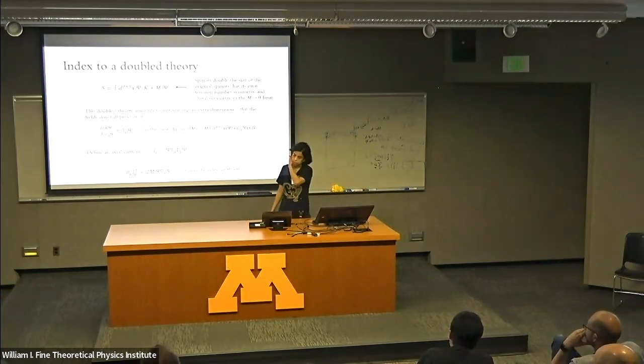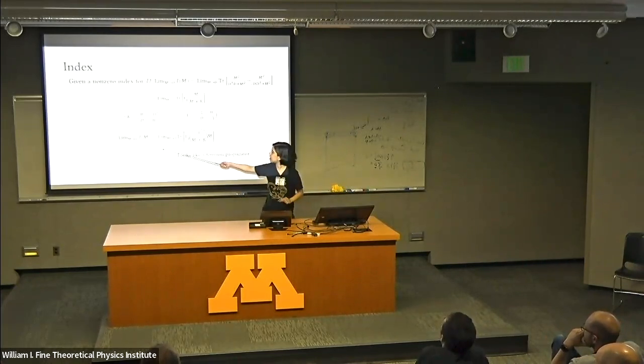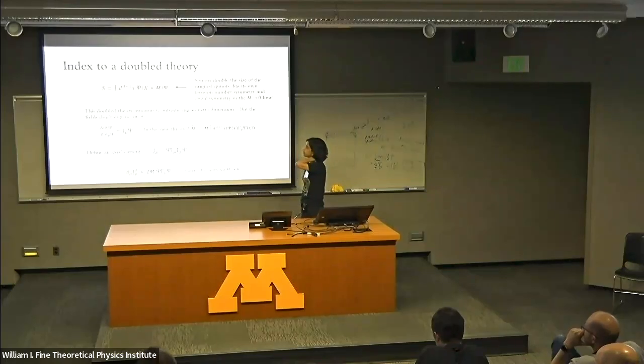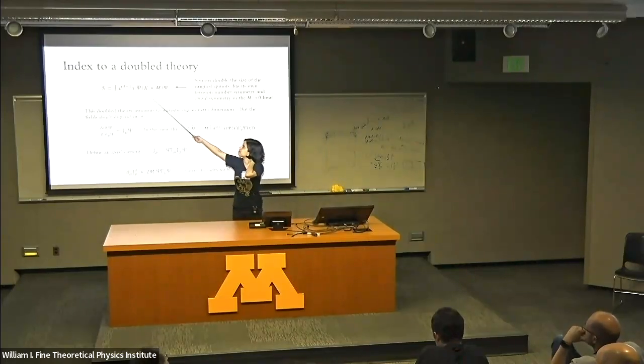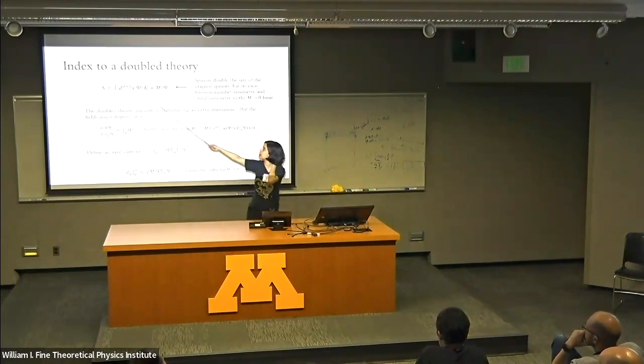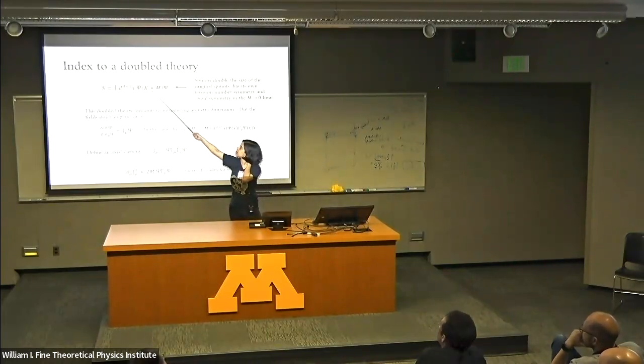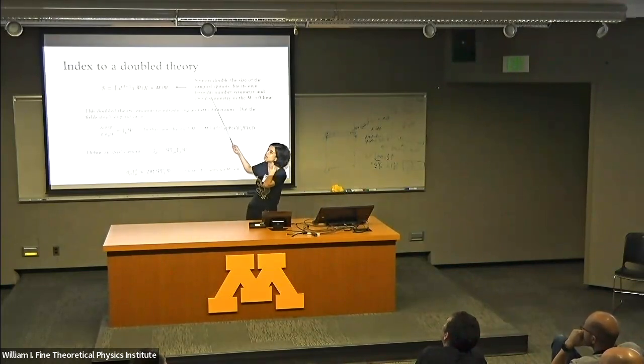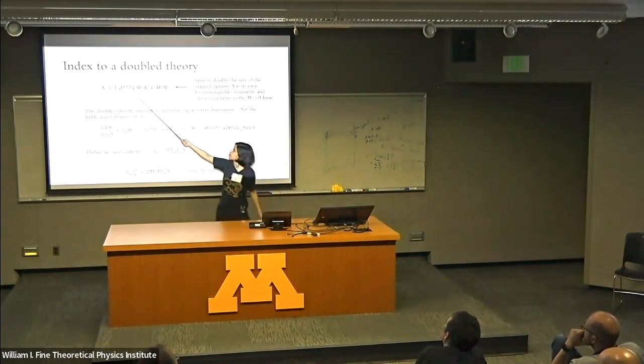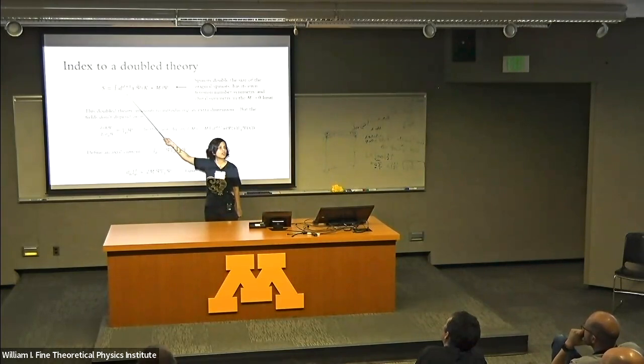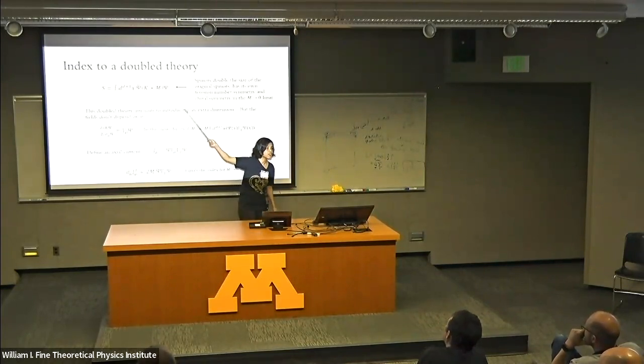Okay, so now I want to compute this I of m. And the way I'm going to do this is to write a fantasy theory, which will help me compute this I of m. So this theory is that of spinors, fermions, that are double the size of my original spinors. However, when I'm integrating over space-time, that corresponds to my original space-time dimensions.